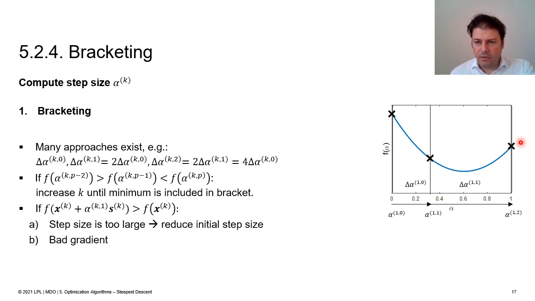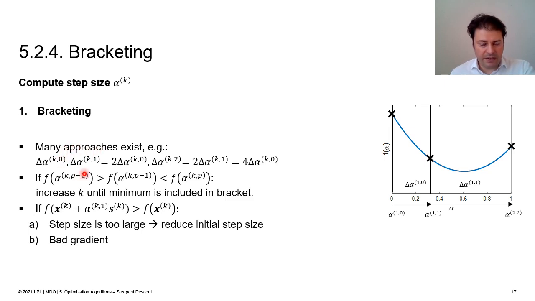Okay, so more formally speaking, we start with an interval increment delta alpha k0. K refers to the iteration index, and by iteration index we mean the design iteration, so not the iteration within the line search, but the iteration of the outer loop where we change design vectors. And 0 refers to the first step that we do in that line search.